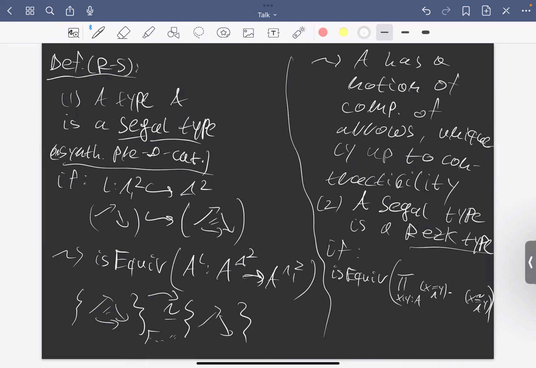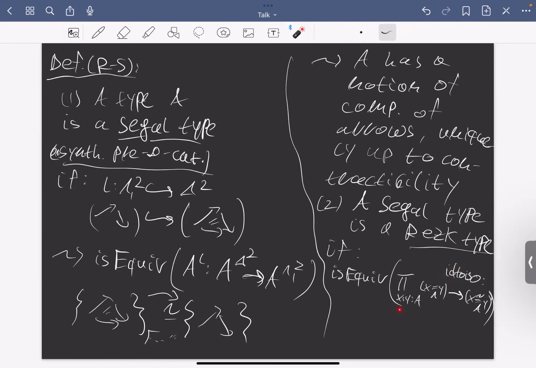And then there's a canonical comparison map called id-to-iso, which quantifies over all the points.